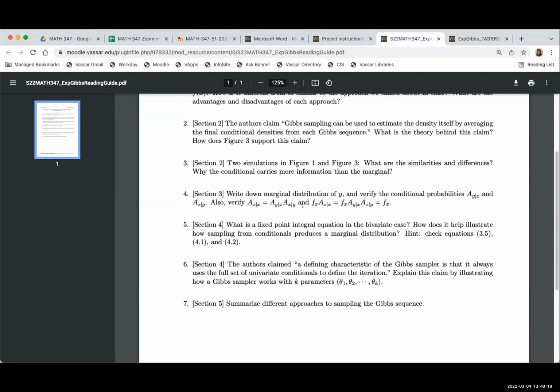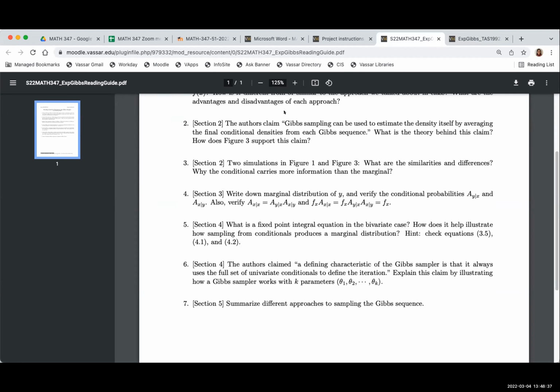Okay, so this is again thinking about how that connects to what we do with the Gibbs sampler, because we're doing it iteratively, right? You go to y, and then from y you go to x, but essentially you'll be able to get back to the marginal distribution, and that's what you're hoping to sample in the end.